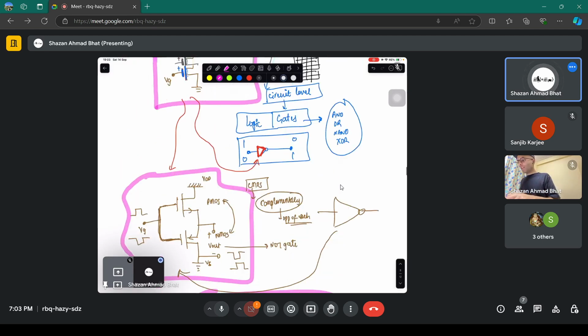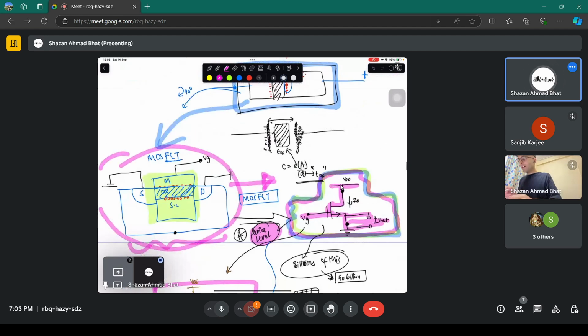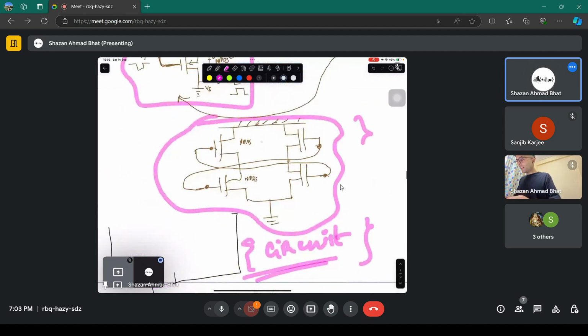But you see how we went from this particular thing to this particular thing. Now this is the fundamental block that controls everything inside the chip. You are going to give it any signal, it's going to get converted to ones and zeros. And how we interpret the one and zero of a transistor is a different story.